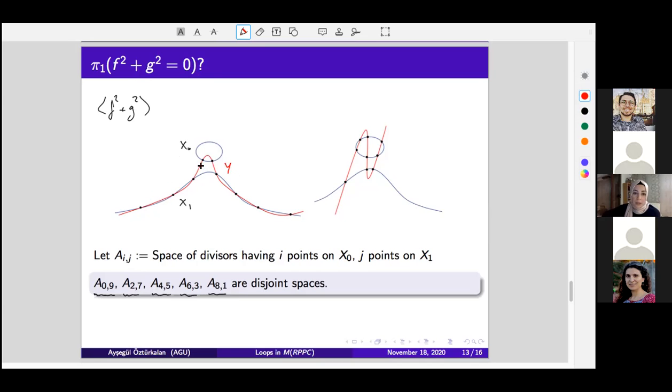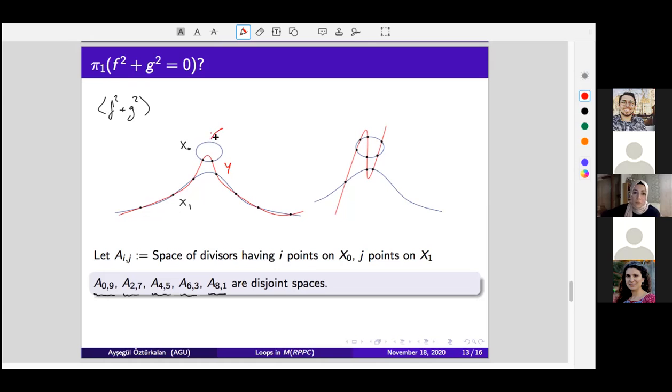variety obtained by G form, it means here the space of divisors having I points on X0 and J points on X1. Two curves can intersect either having an intersection as 2 on X0 or 4 or 6 or 8.